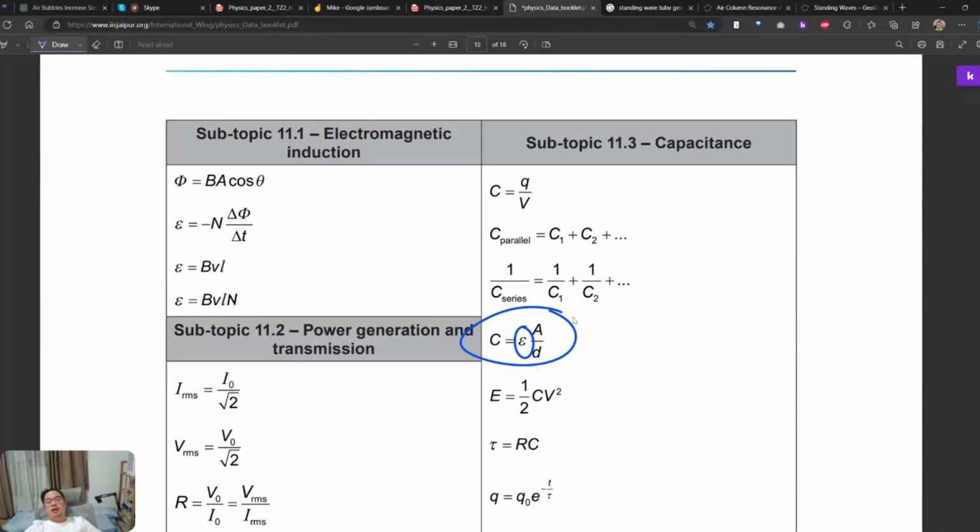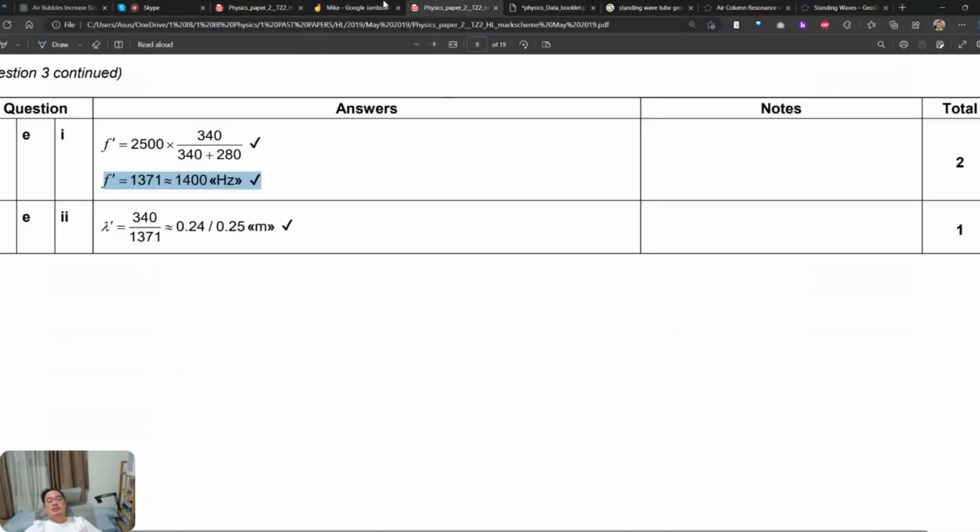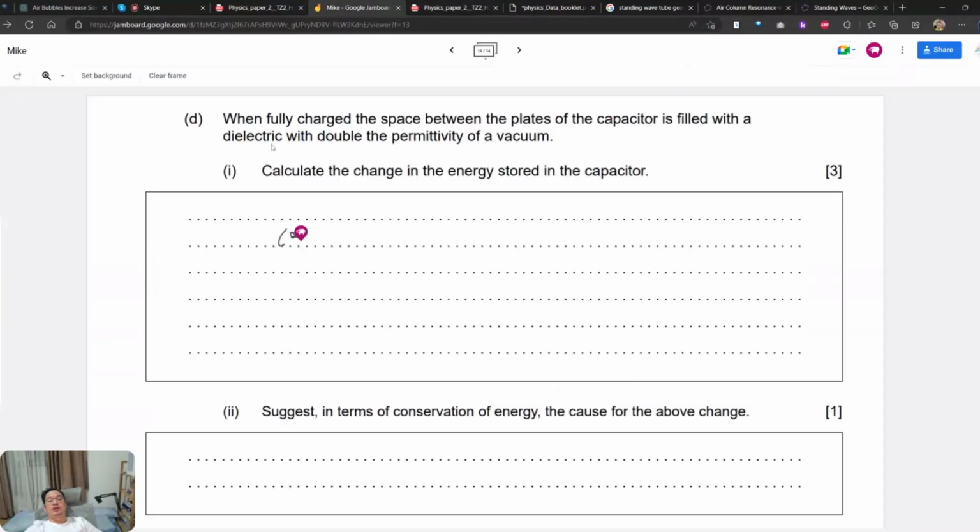So, according to this formula, the capacitance C is proportional to that permittivity, and therefore, when replacing the dielectric here by another dielectric with double permittivity, the capacitance will be double. C is double because C is proportional to epsilon, the permittivity.